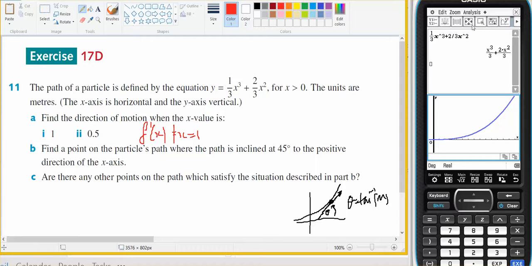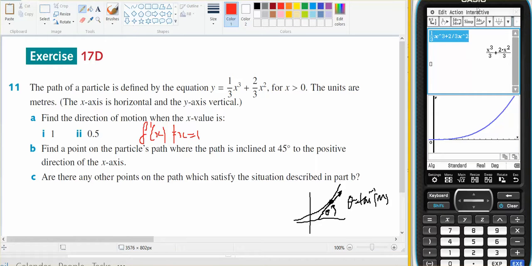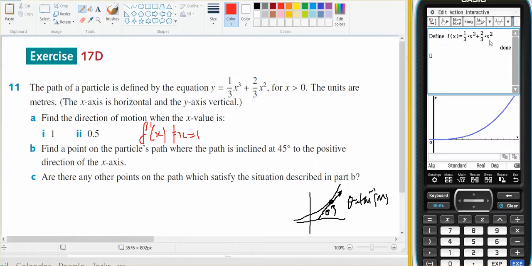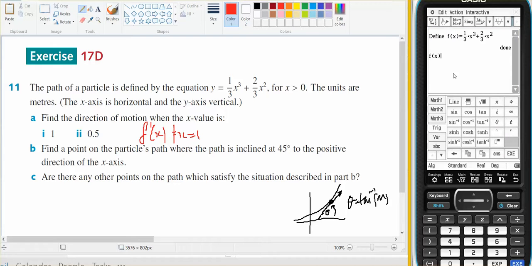So I might define this as being f of x. If I take f of x and take its derivative with respect to x, and then make x equal 1, okay, the gradient is 7/3.